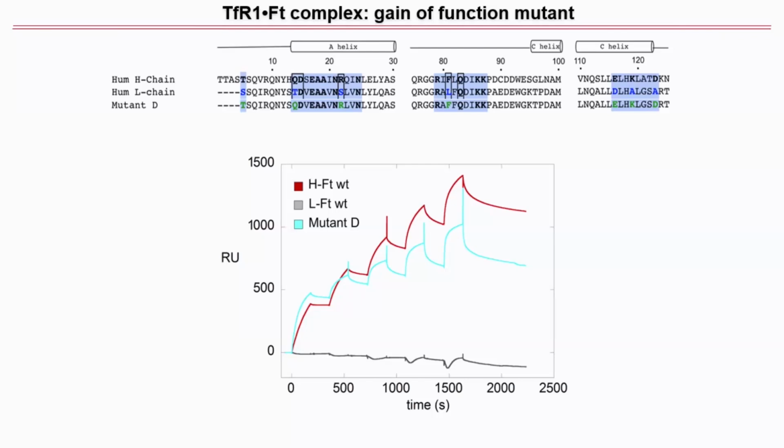And indeed, this is the binding for the wild-type heavy chains. This is the binding non-detectable for the wild-type light chains. And our mutant has a binding of the same order of magnitude as the heavy chains.